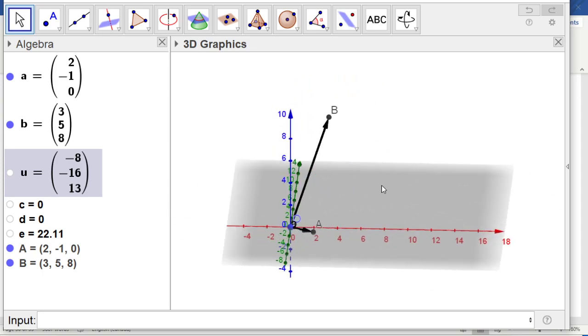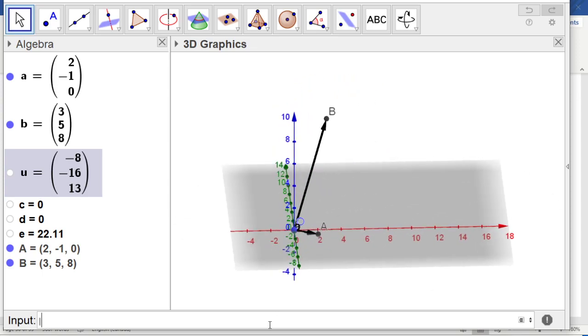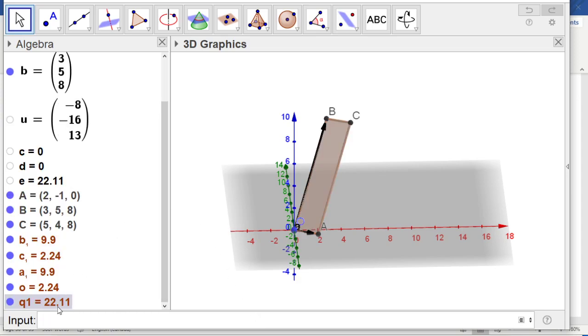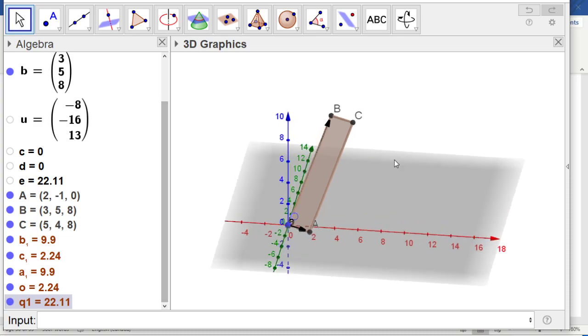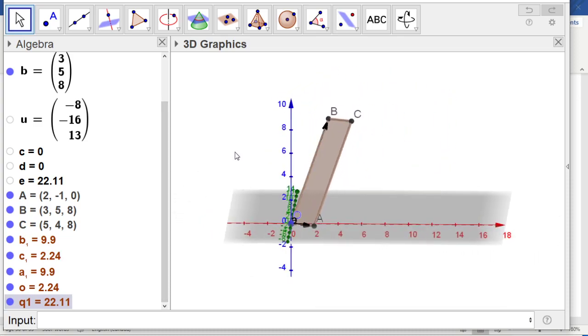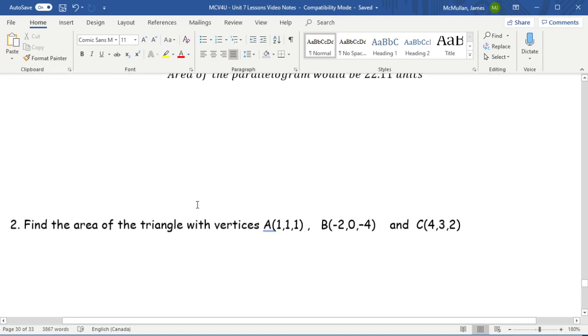Now if I wanted to complete a parallelogram here, I go O plus A plus B. It goes along A and then along B to make a parallelogram. If I draw the polygon OACB, it draws that parallelogram and it has an area of 22.11, exactly like what we said it should have. So that's another way you can do that.